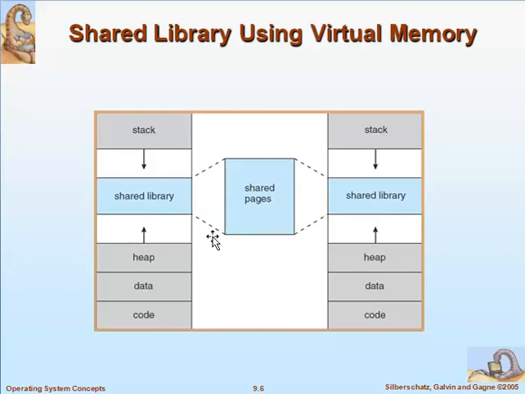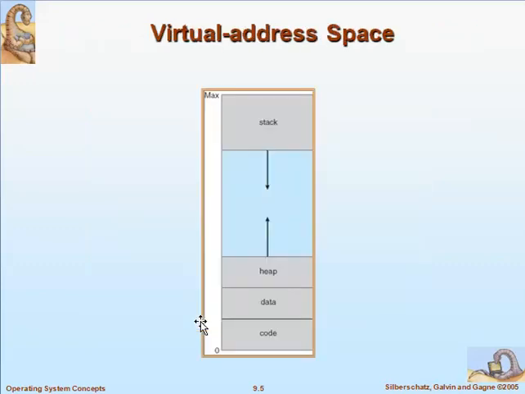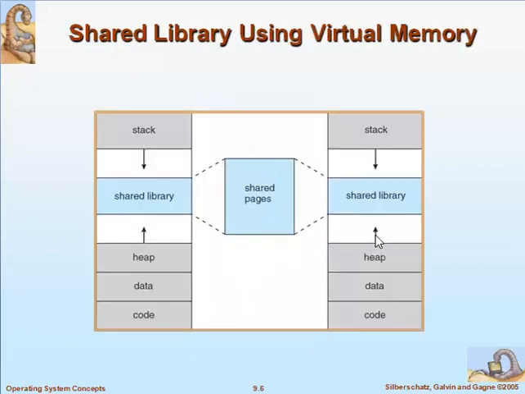Okay, you can see here, this is one process. In the previous slide you looked into the virtual address space of a process. Now this is the virtual address space of one process, and this is the virtual address space of another process. Now they are sharing the library.